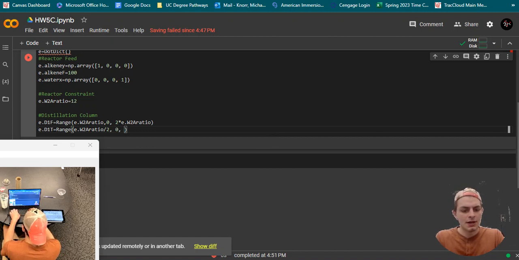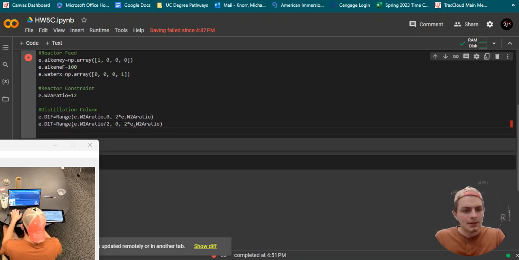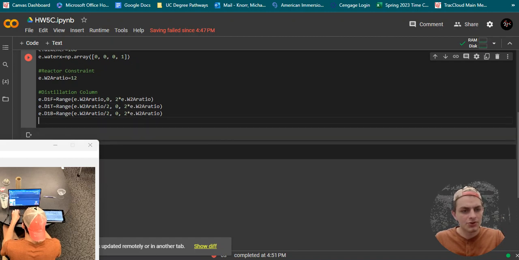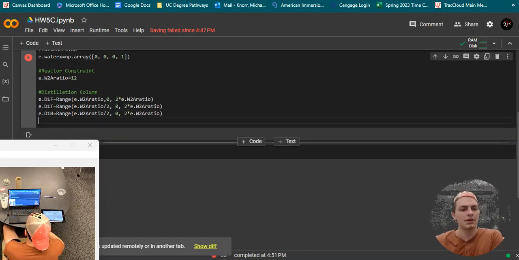So 0, and then the max would be if everything of our feed went into here, which would be maximized there. Okay. Similarly, basically the exact same thing can be the case for the bottoms. It's some sort of range there as well.